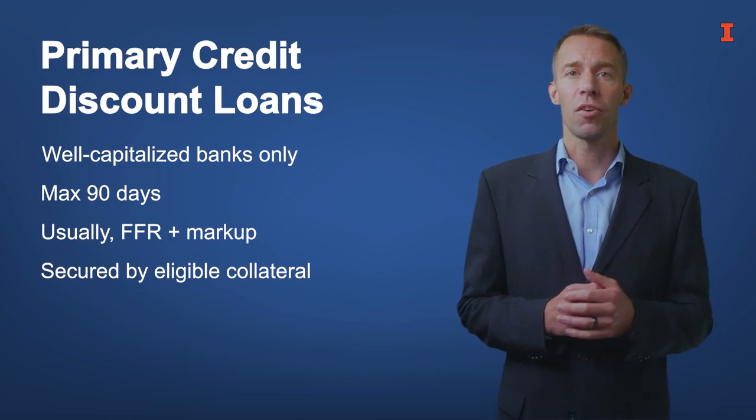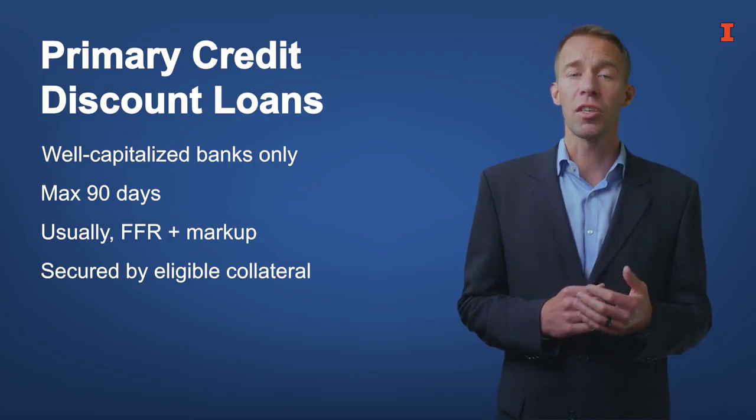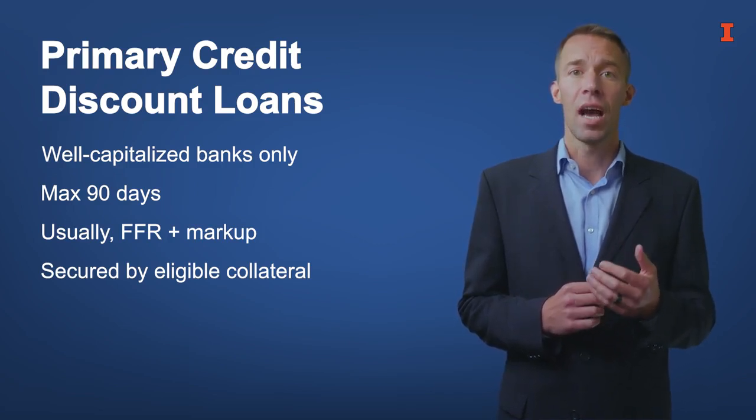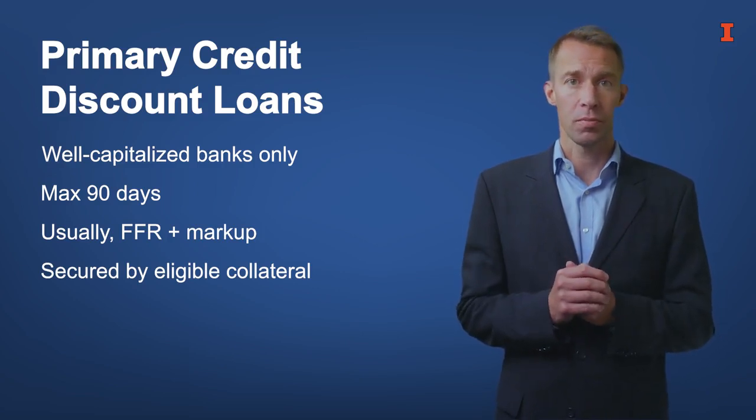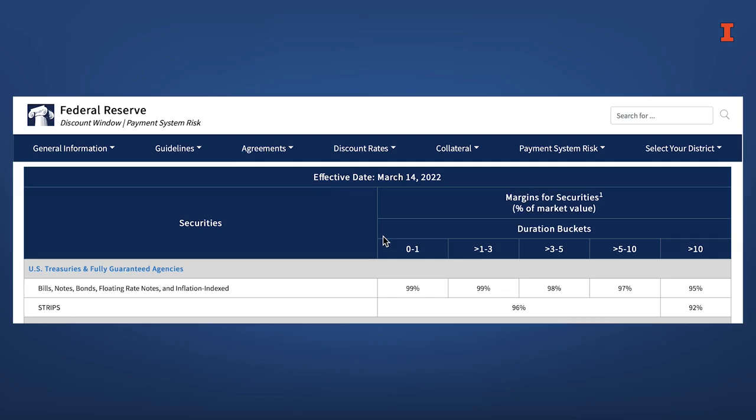Some of these types of collateral are riskier than others. To account for risk, the Fed applies margins, indicating how much a bank can borrow against each type of collateral. Here's an example of a margin table. These margins are as a percentage of the market value. A US Treasury with a remaining maturity of 1 year is very safe.